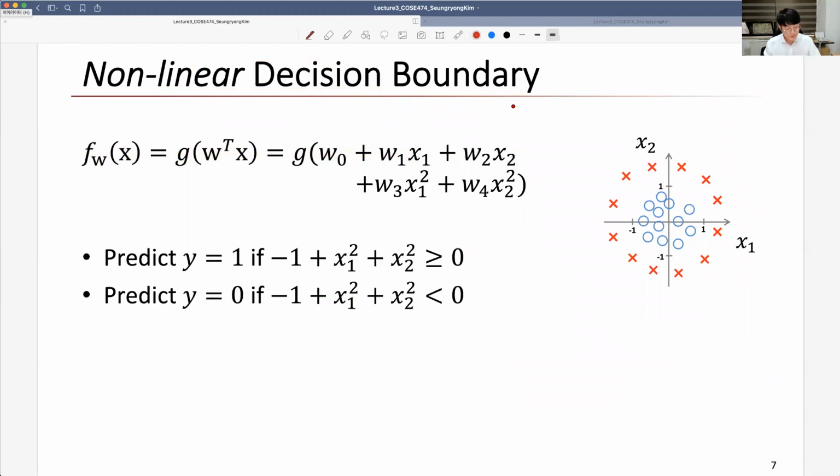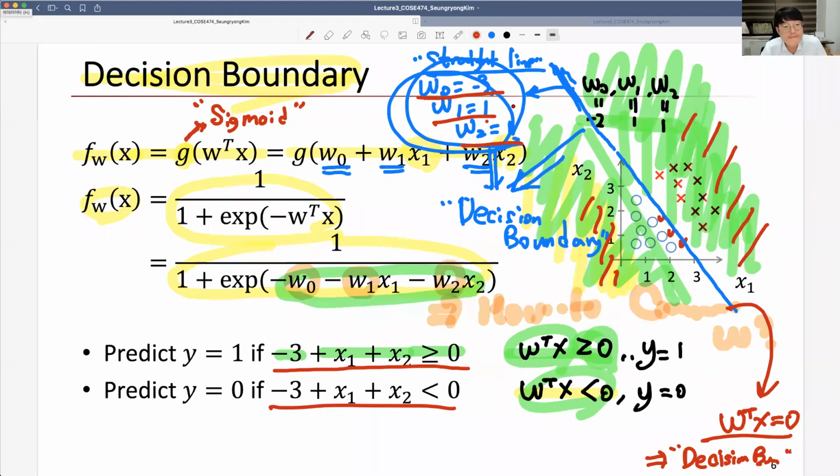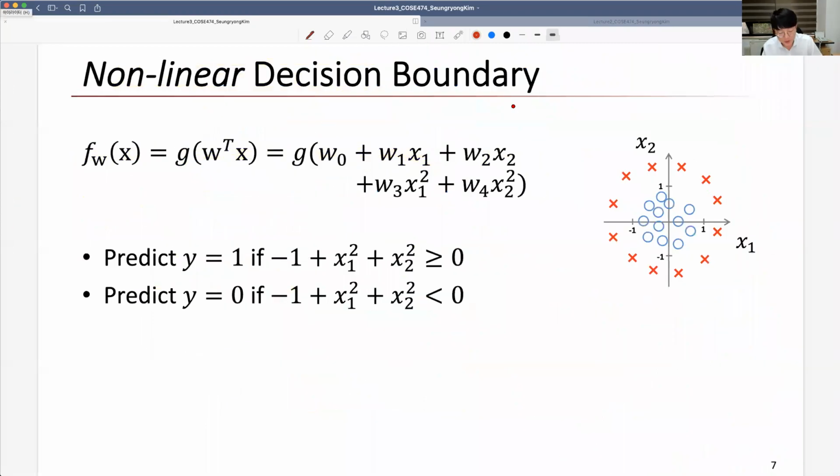Okay, so far we have talked about the linear decision boundary. Linear decision boundary means only linear terms define this decision boundary. But how about this case? In this case, the feature vector defines two features, x1 and x2, right?